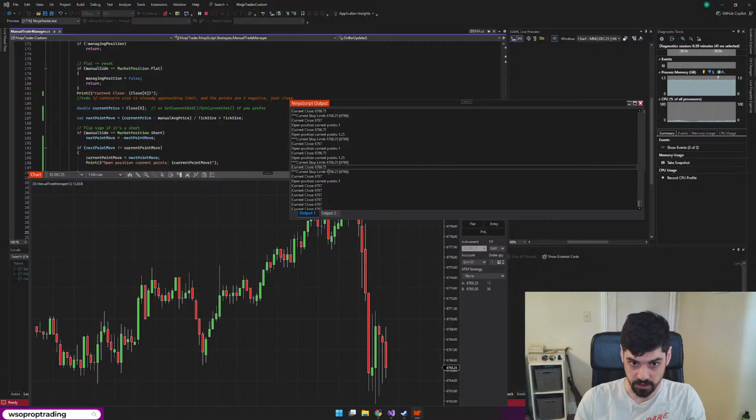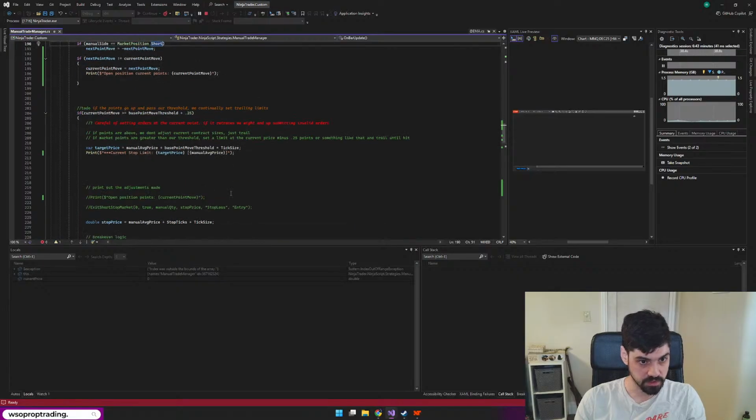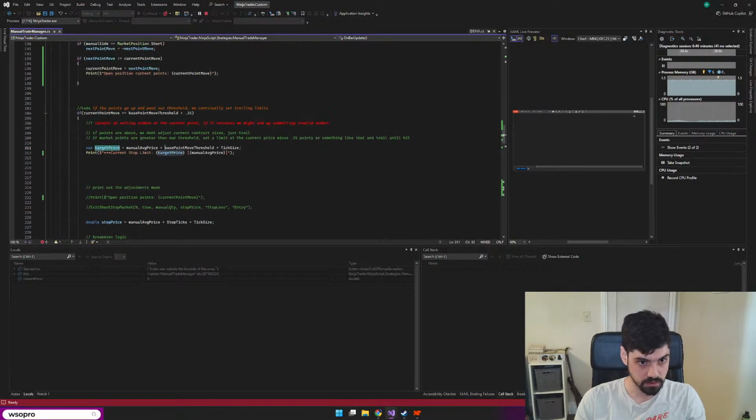So that's how it's ending up at 68.25. It's adding like 1.5 here instead of subtracting it. I really think that's what it is here. The target price. So I think manual average price, it would have to be this.